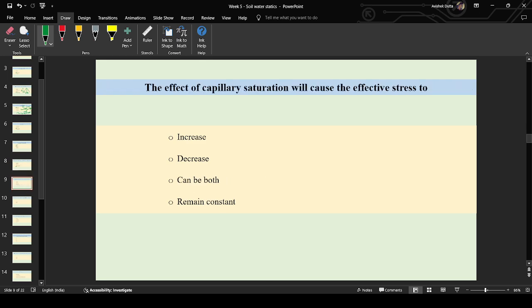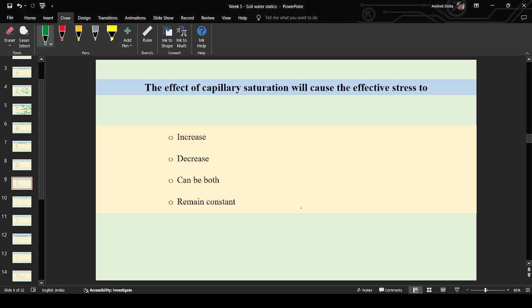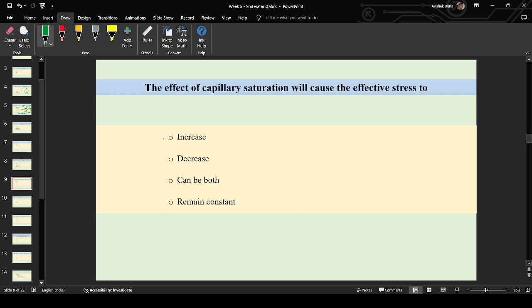The effect of capillary saturation will cause the effective stress to, what will happen? Increase, right? Option A you're talking about. Yes, sir. Your voice is breaking, I think there's a problem with the connectivity. Okay, yes, effective stress will increase. Why? Because of capillary saturation.